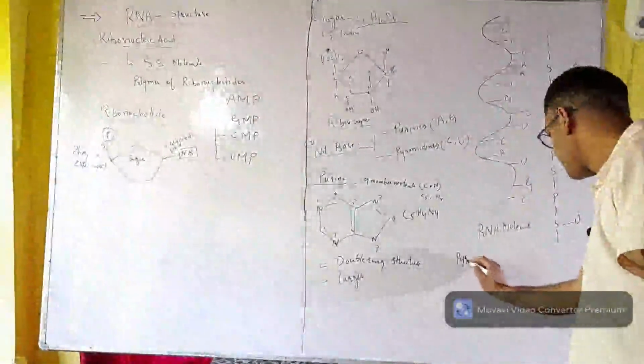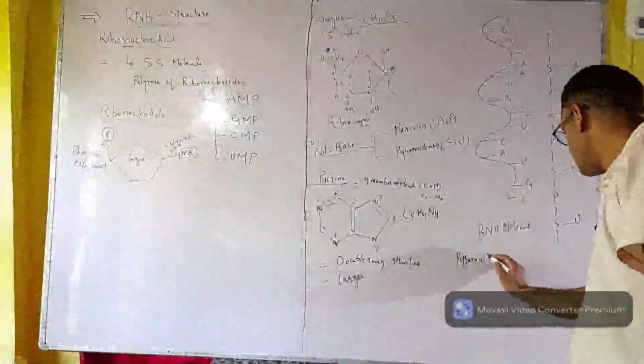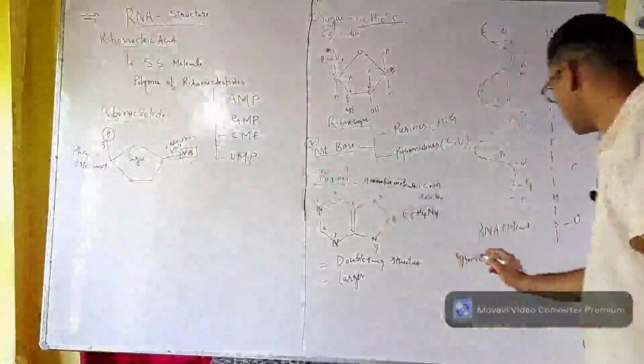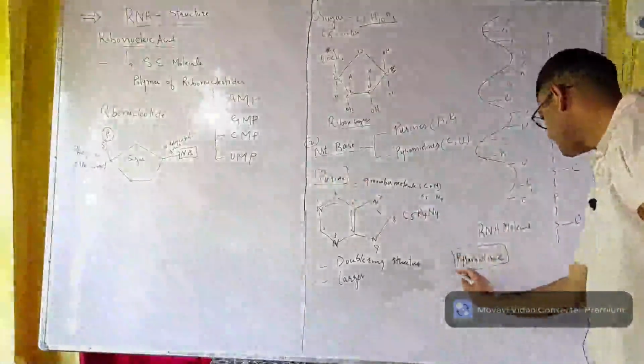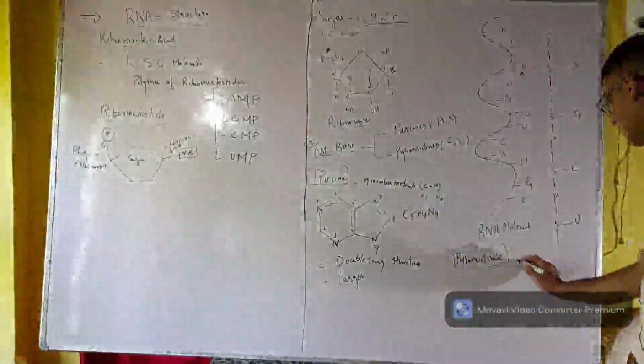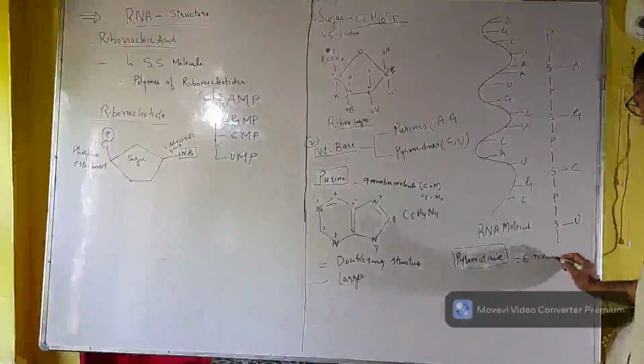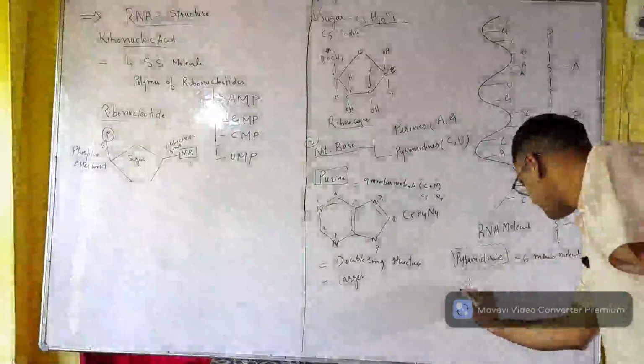Then we have pyrimidine. This was purine. Now we will take another, that is pyrimidine. Pyrimidine is a 6-member molecule. It would be like this.